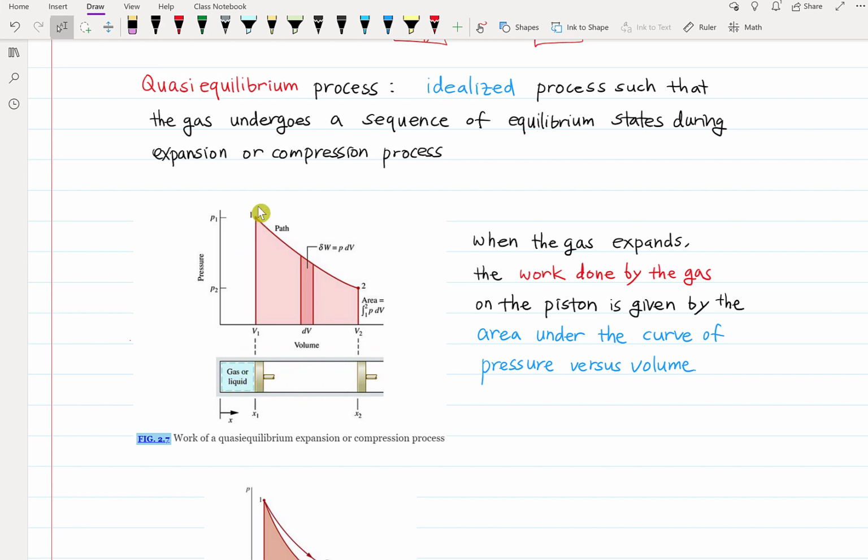Initially, it was at state 1. At state 1, pressure P1, volume V1. At state 2, pressure P2, volume V2. Initially the volume was this much, V1, and it expands, and V2 is this.